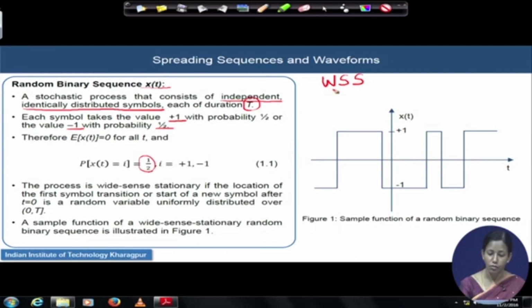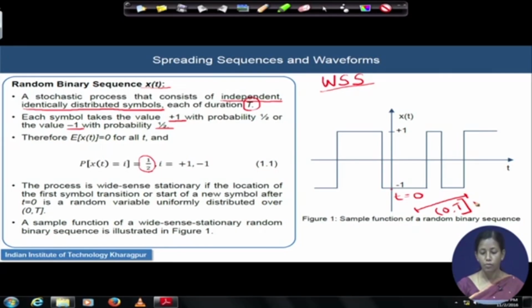Wide sense stationarity demands that the arrival of the first symbol, or any new symbol after t equal to 0, which is obviously random, be a random variable whose occurrence is uniformly distributed over the open interval of 0 to capital T. Then we can declare that the process is wide sense stationary.